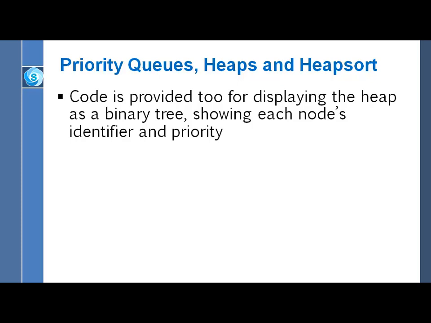I've also provided some methods for displaying the data that's inside the heap. A little technical point here: the testing code that I provided uses data of type vehicle, and if you check the code for vehicle, whenever there's occasion to display a vehicle, all it actually does is display the name of the vehicle.